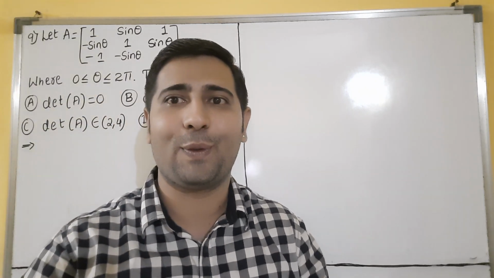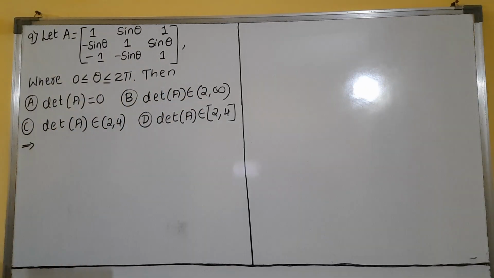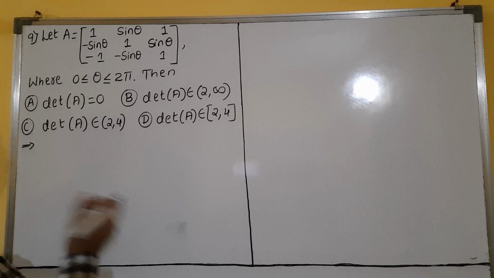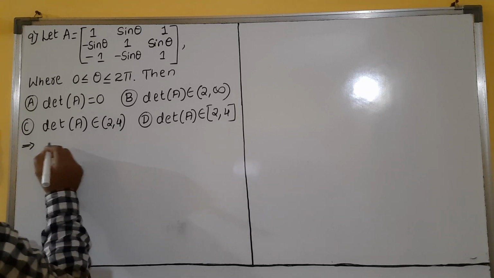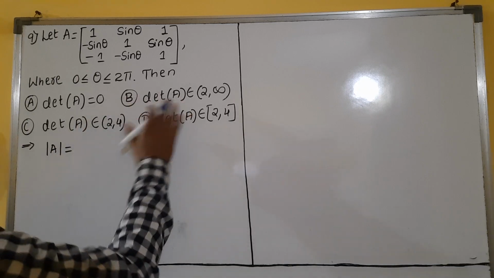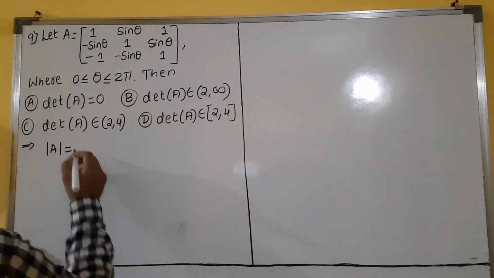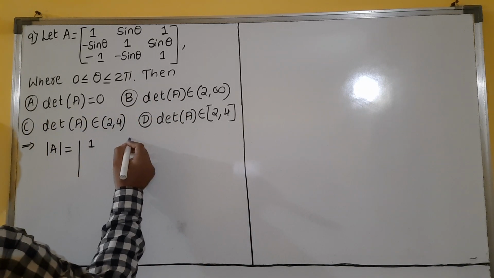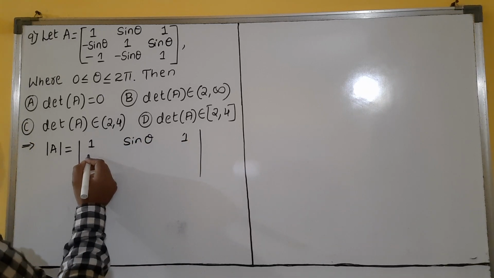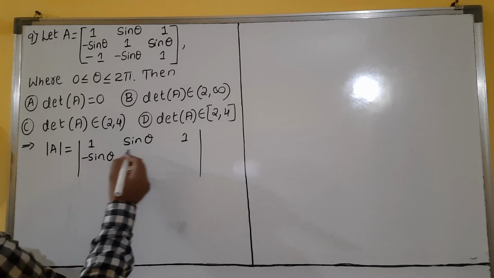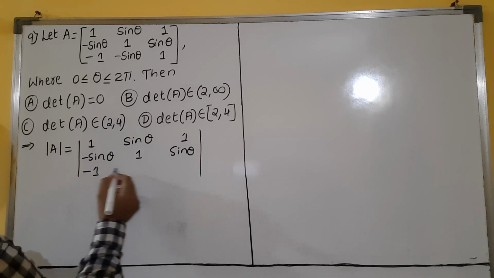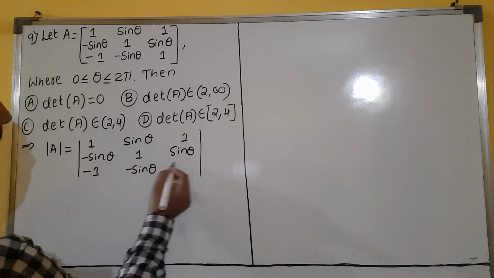This is a really wonderful question. Now how to find the determinant first? They are already saying theta lies from 0 to 2 pi. So now see, first we will find the determinant, because everywhere it is determinant A. So let us find this matrix: 1, sin theta, 1; minus sin theta, 1, sin theta; minus 1, minus sin theta, 1.